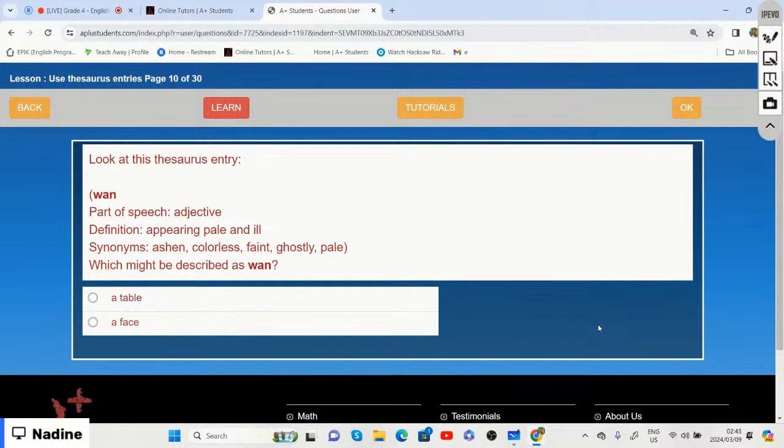It says the synonyms are ashen, colorless, it's like you're fainting, ghostly, and pale. So now, which might be described this way? Is it a table or a face?